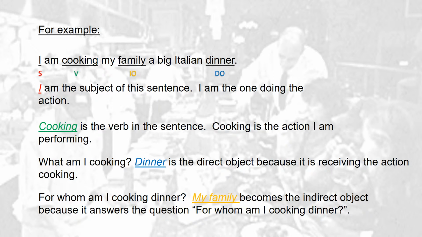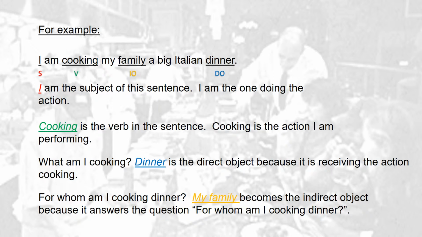Well, that doesn't make any sense because I'm certainly not cooking my family. There's another noun that does come after the verb cooking, and that is dinner. I am cooking dinner. Now, dinner in this case is going to be the direct object because that is what the verb cooking is acting upon. I am cooking what? I'm cooking dinner.